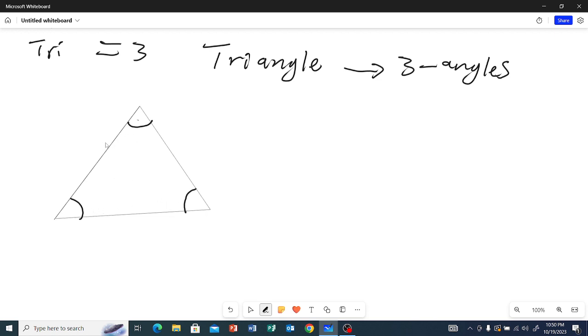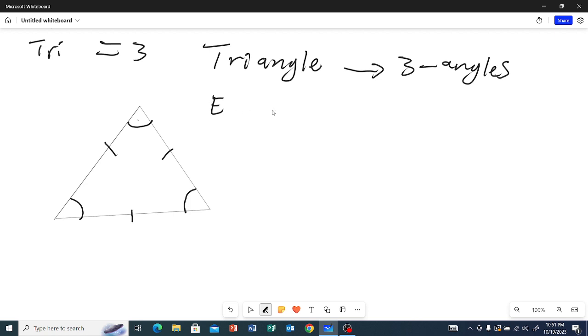When the sides are equal, you show them by strokes. So this is a triangle with three equal angles and three equal sides, and we call it an equilateral triangle.